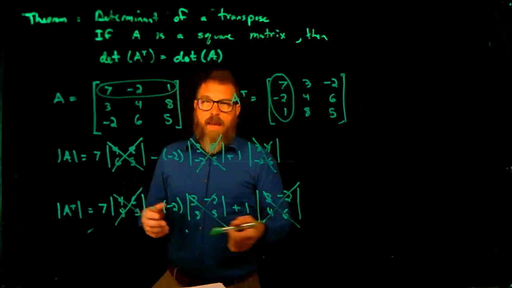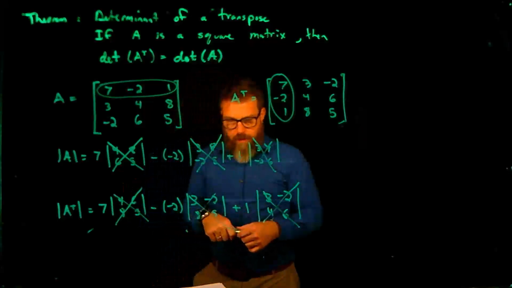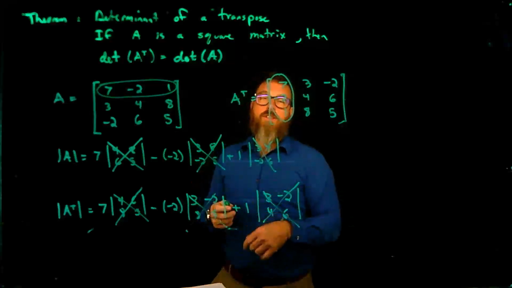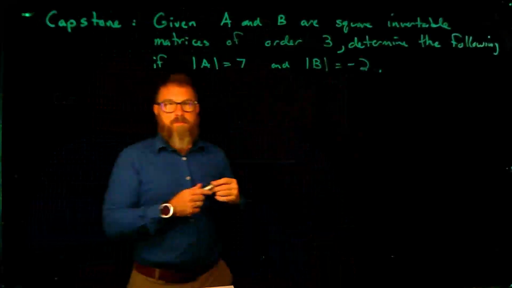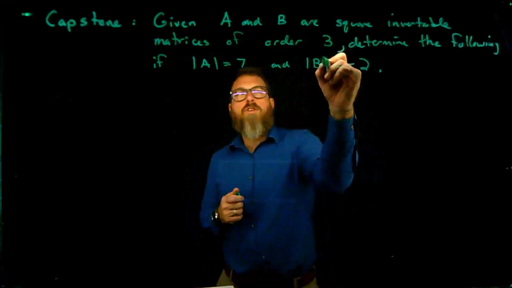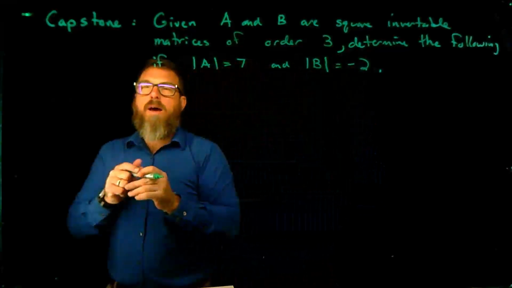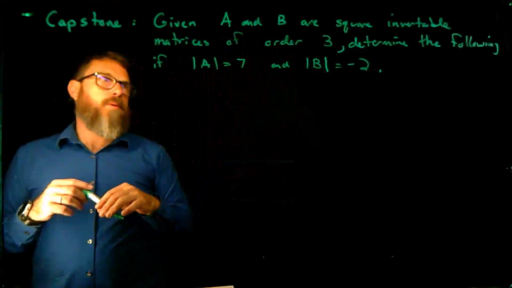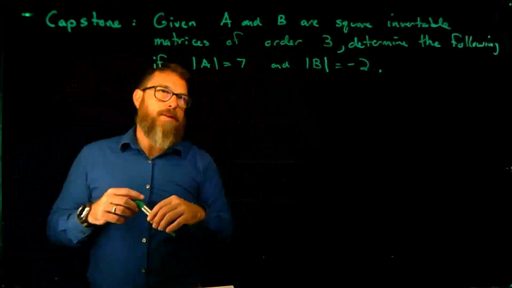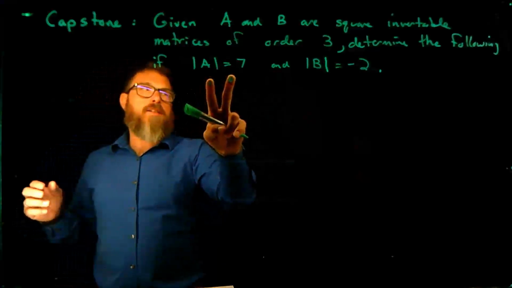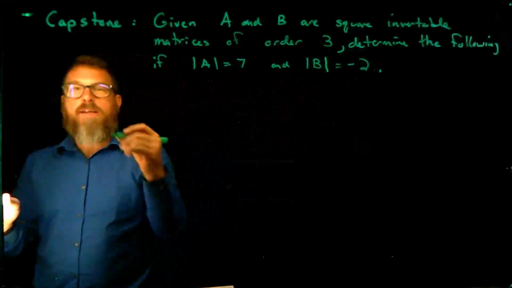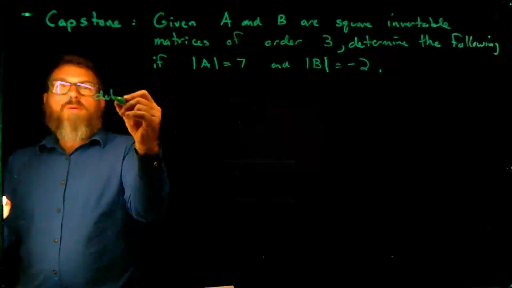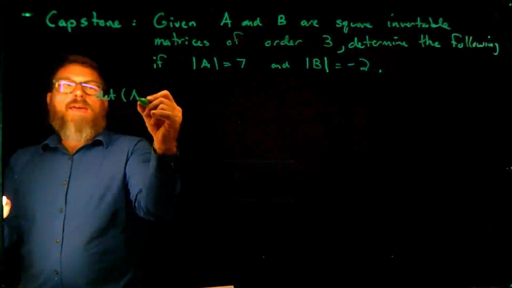So here's kind of the capstone. I'm going to give us a couple of matrices and their determinants, and I'm going to ask you to find the determinants of things that are related to them. Okay. So here's our capstone example. If A and B are square invertible matrices of order 3, so they're 3x3 matrices, and I know the determinant of A is equal to 7, the determinant of B is equal to negative 2. A, can I find the determinant of A times B?